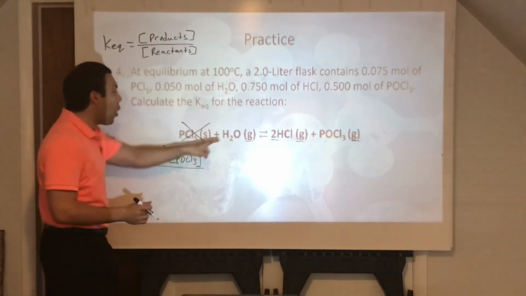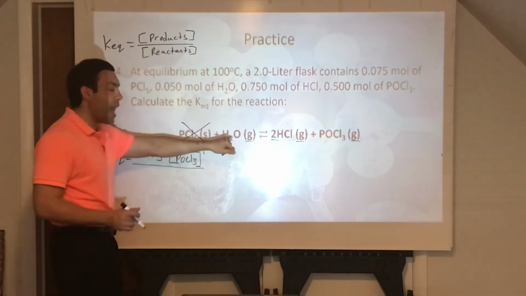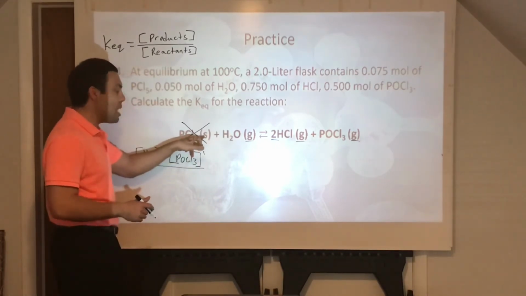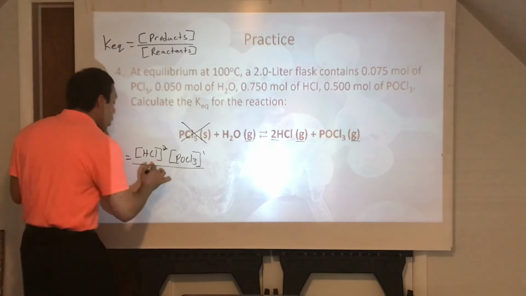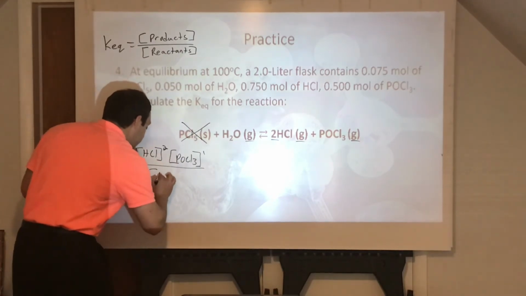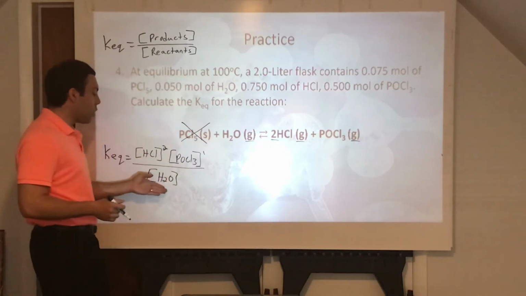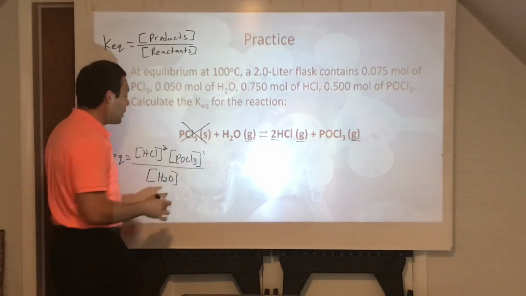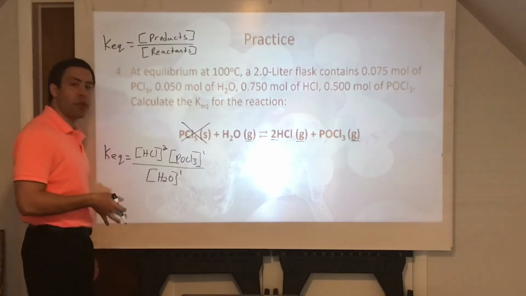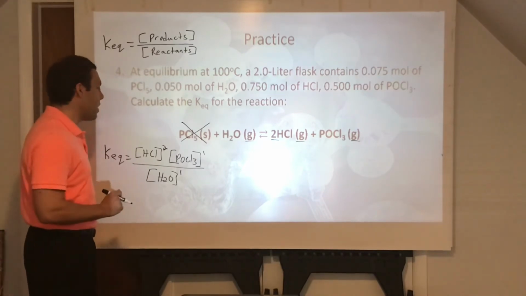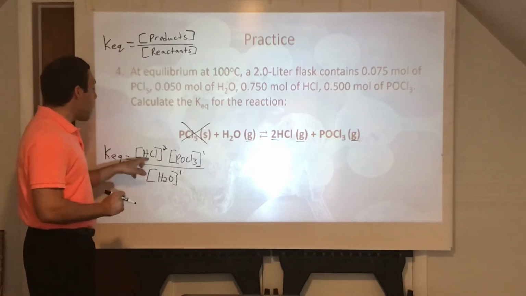One more time, we only worry about the gases or aqueous solutions, not solids, not liquids. So we're only going to write H2O for the reactants. And since there are no coefficients, we could either put the number 1 or we could just leave it alone. Now we plug in numbers.